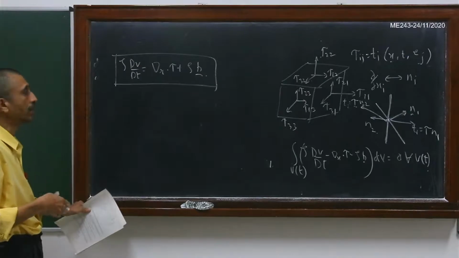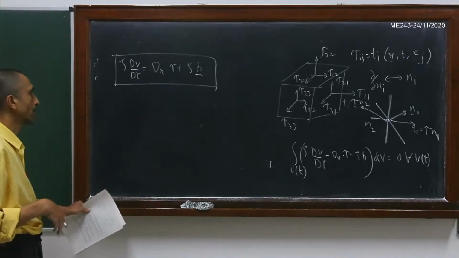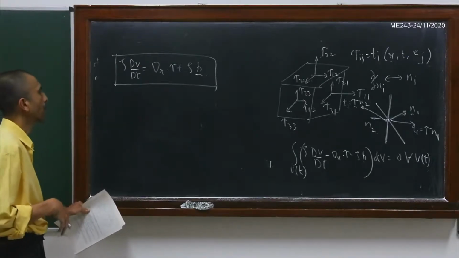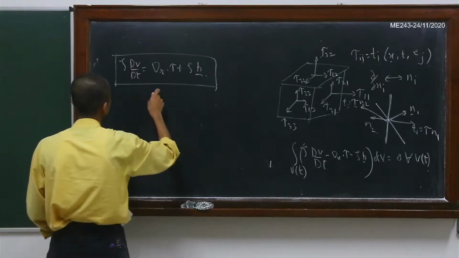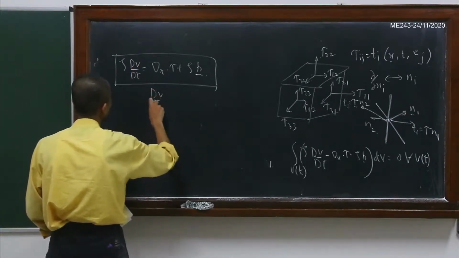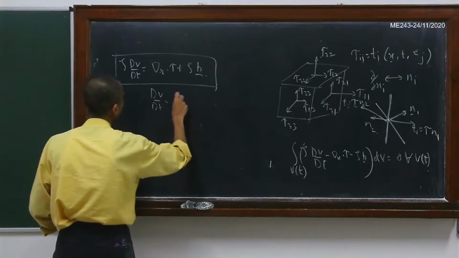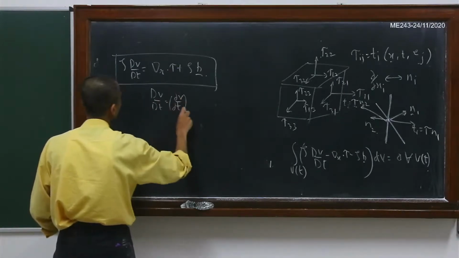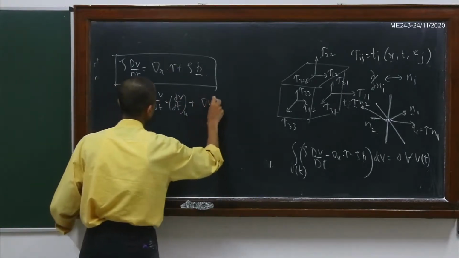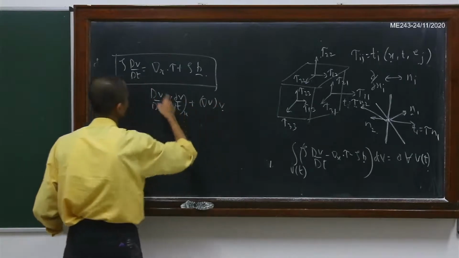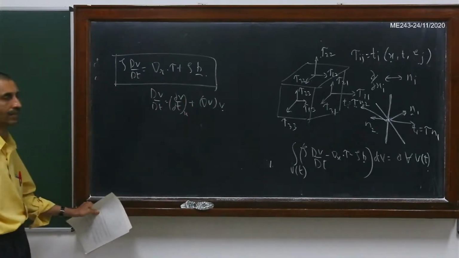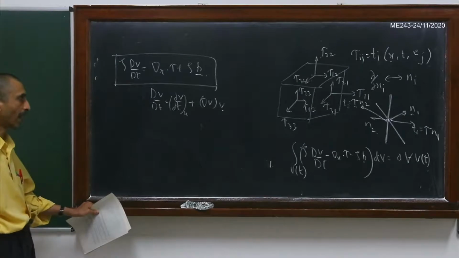There are three components to this particular equation. This dv/dt you can also write as the material derivative: del v by del t plus (del v) times v. That is just a kinematical simplification of the acceleration. So you can always do that.